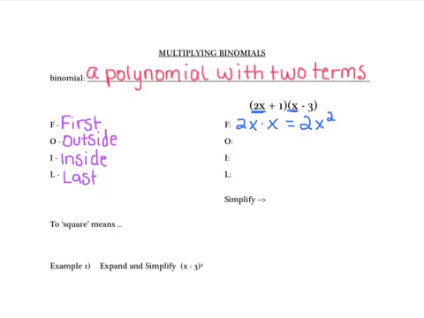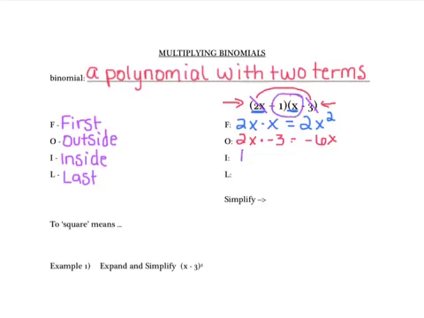Okay, outside, the O, that would be like if you took these four terms and you had them in a straight line, which numbers would be on the outsides of the line? That would be this and this. So you're multiplying 2x times negative 3. 2x times negative 3 gives you negative 6x. Inside then, if these two are the outsides, then the insides are these ones, the 1 and the x.